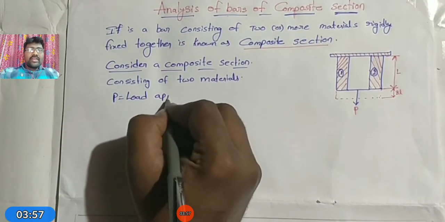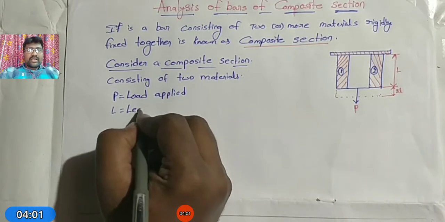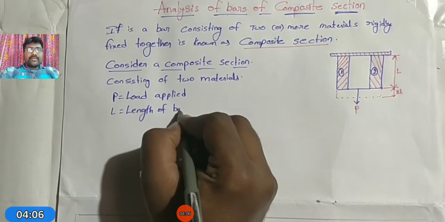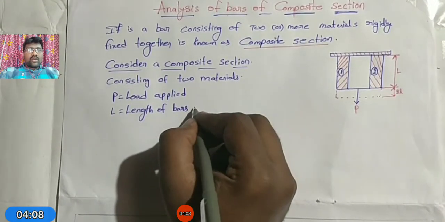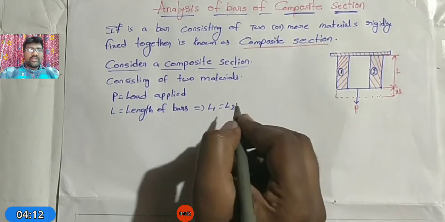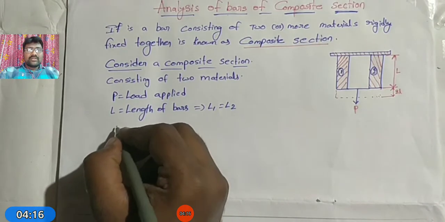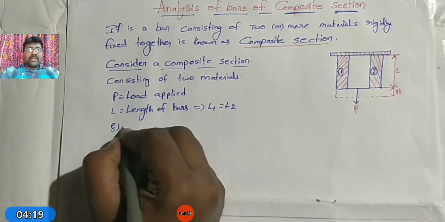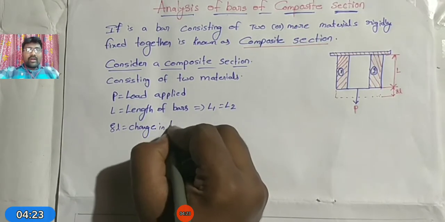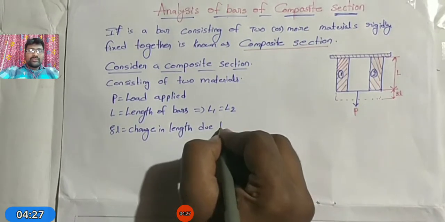Where P is equal to the load applied on the material. L is equal to the length of the bars 1 and 2. Here L1 is equal to L2. Delta L is equal to the change in length, or increase in length, due to the applied load.